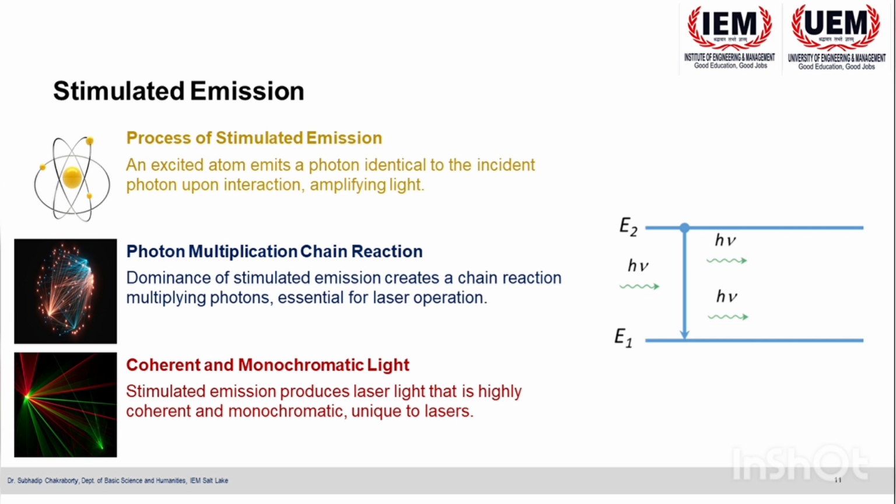The emitted photon has the same frequency, phase, direction and polarization as the incident photon. Therefore, stimulated emission produces coherent and monochromatic light. This process also creates photon multiplication, leading to amplification of light inside the laser cavity.